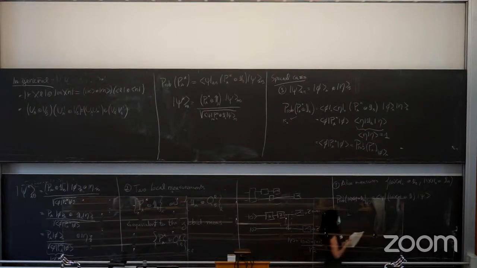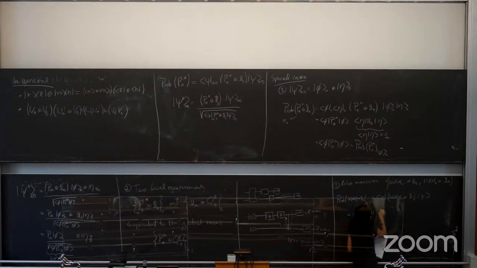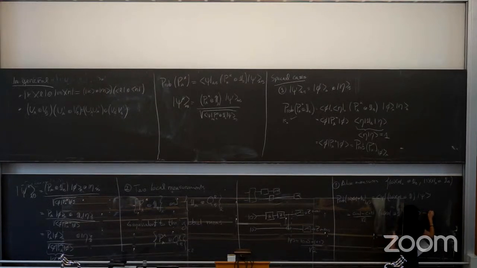So (<00| - <11|) over square root of 2, times this operator, times (|00> - |11>) over square root of 2.